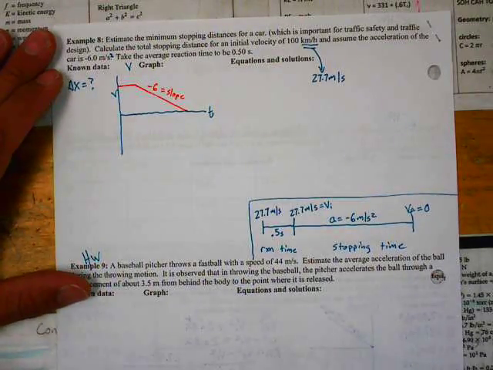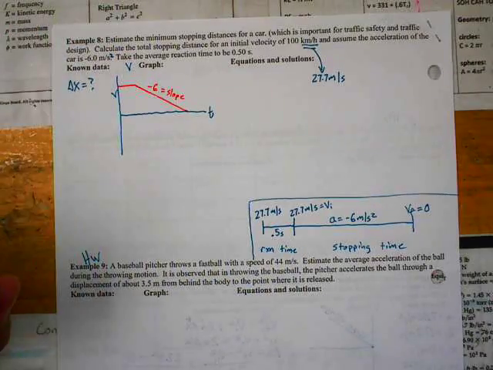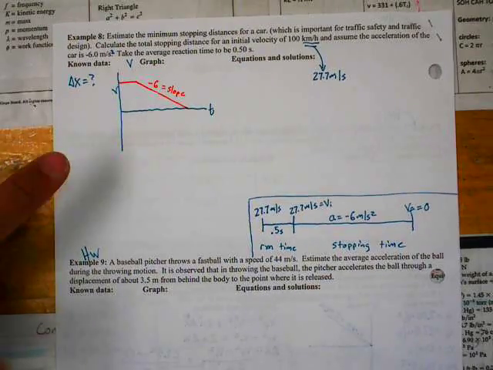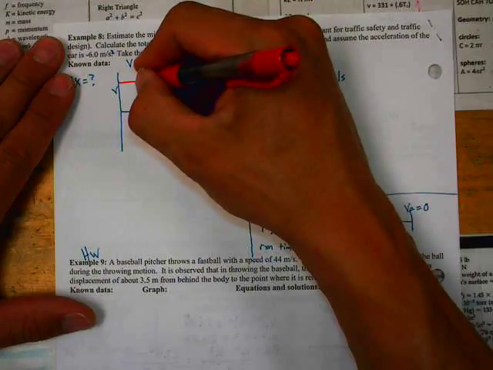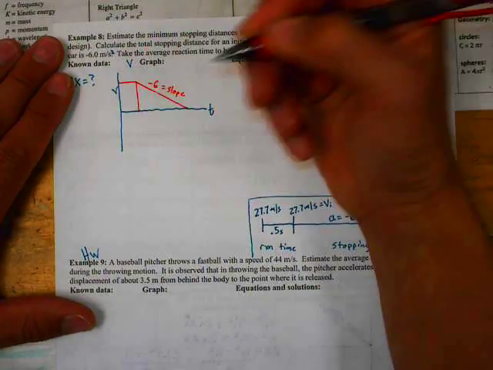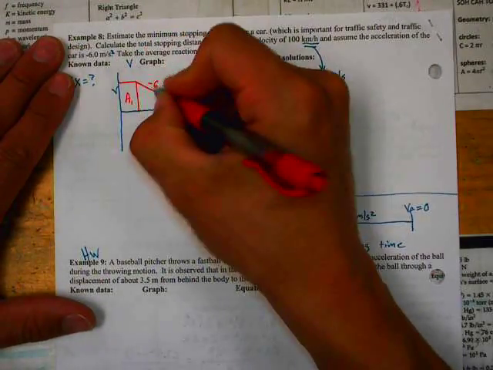What else do we know about this VT graph? There's only 3 things we can do with the graph. Yeah, the area. Good. The area will give us the delta x. Now we have 2 areas to calculate. We have A1 and A2.